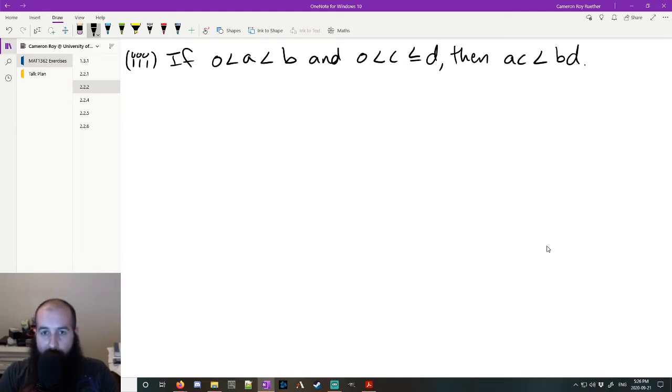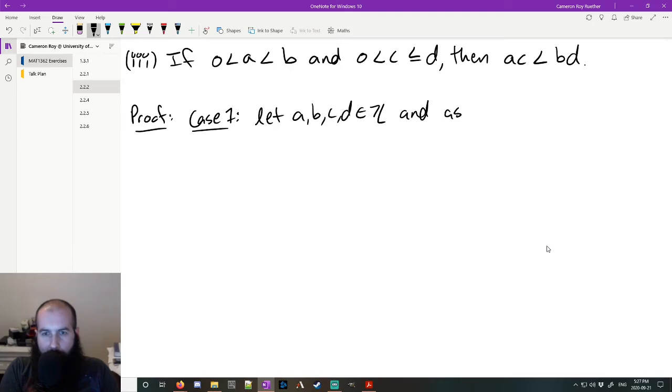Now, because less than or equal has 2 parts, either c is less than d or c is equal to d, we're going to do this in 2 parts. So case 1, we're going to let a, b, c, and d be integers and assume 0 is less than a is less than b, and that 0 is less than c is equal to d.